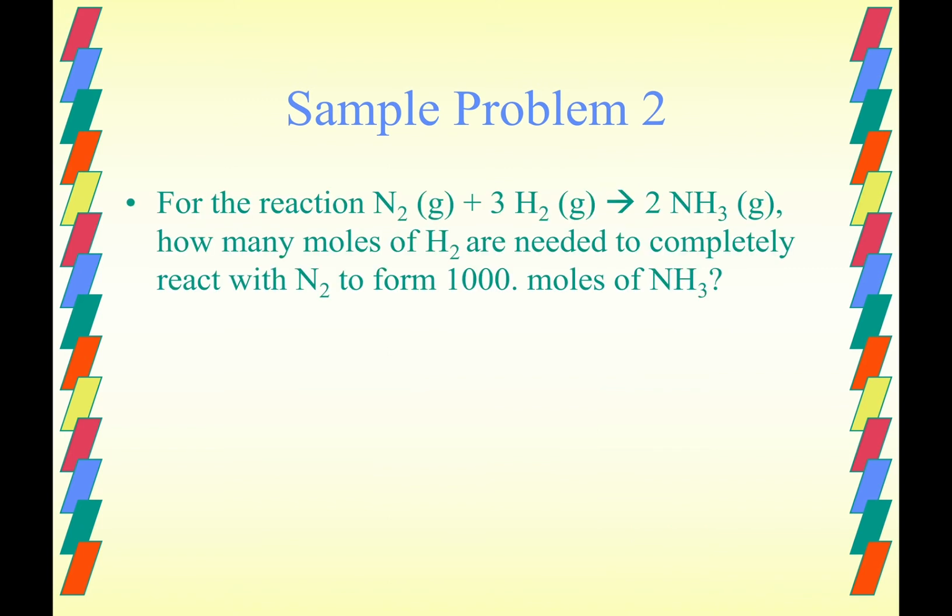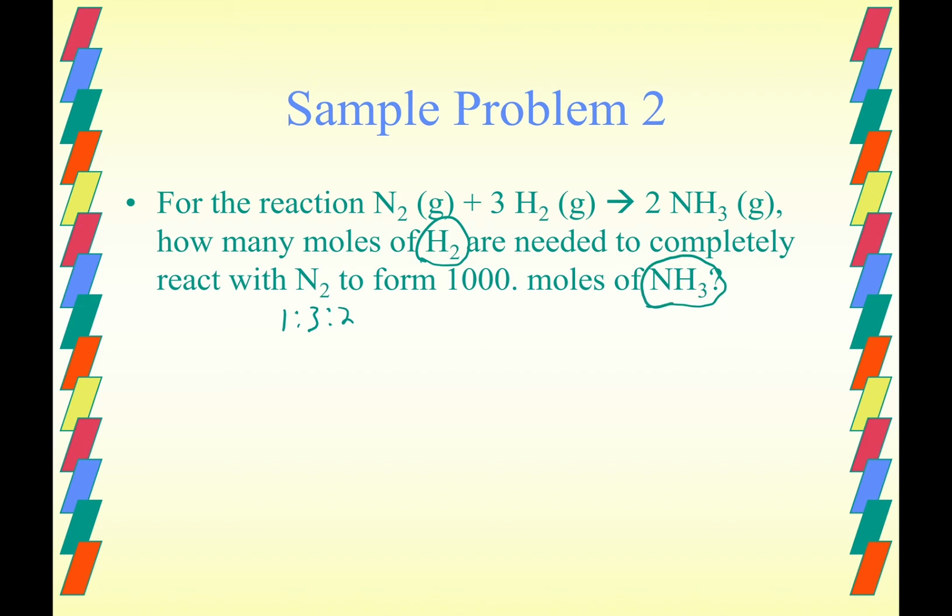Let's try that again. We'll stick with the same reaction. How many moles of H2 are needed to completely react with N2 to form 1,000 moles of ammonia? So again, we're going to start with our ratio here, 1 to 3 to 2, and we're talking about H2 to form NH3.